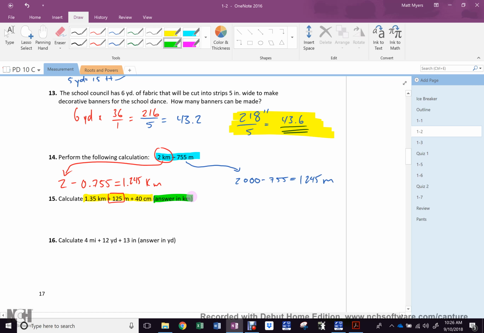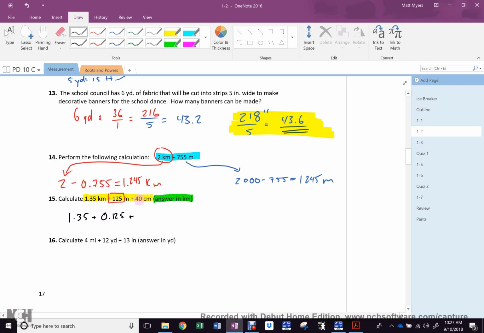How? Divide it by 1,000. Now, question again being, automatically you want to multiply. A bunch of you said multiply. You got to stop and think. If you multiply that by 1,000, you're going to get 125,000 meters, aren't you? Is a kilometer bigger or smaller than a meter? Bigger. So the decimal must be smaller, right? So we keep the 1.35, but we're adding 0.125.